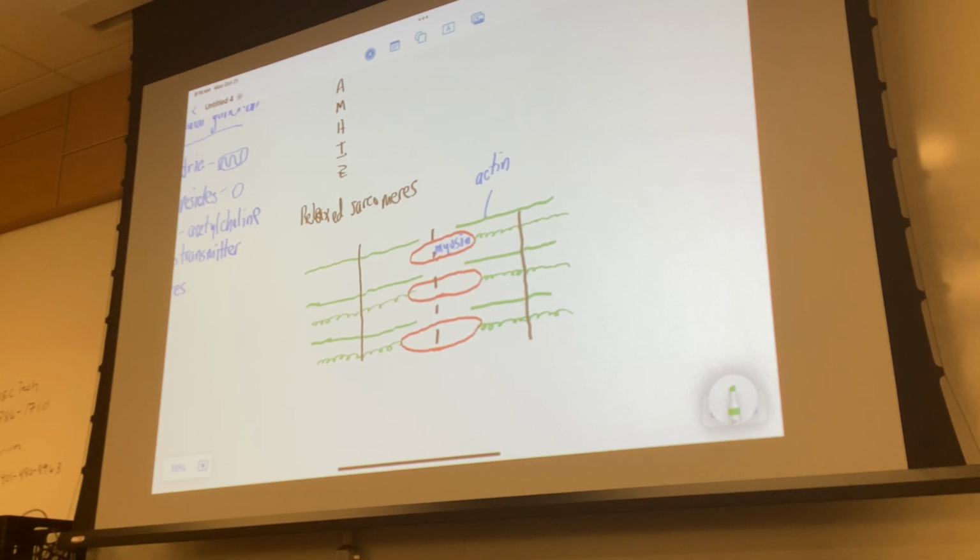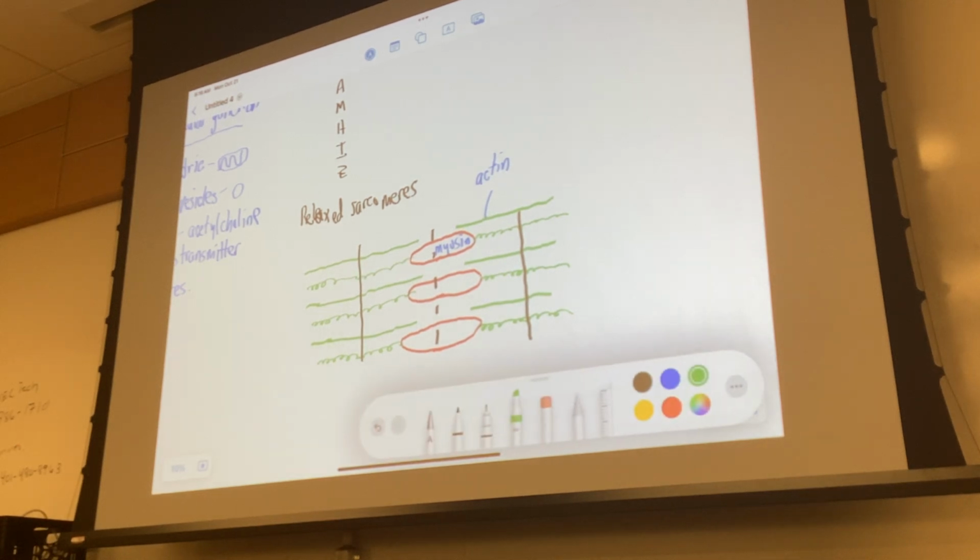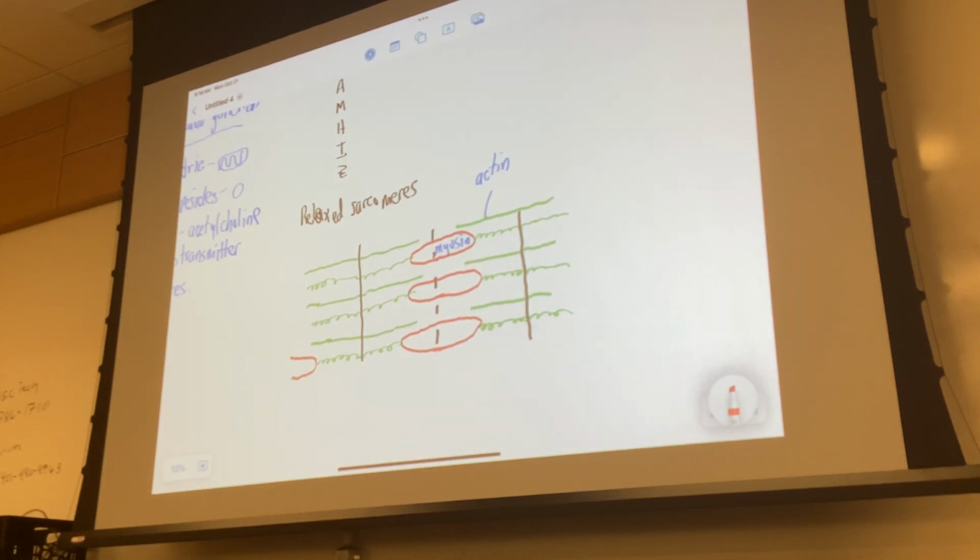In this drawing right here, I've got this green squiggly line. Just so we're clear, I'm not going to continue on with this drawing, but we have a part of a sarcomere to the left and a part of a sarcomere to the right.